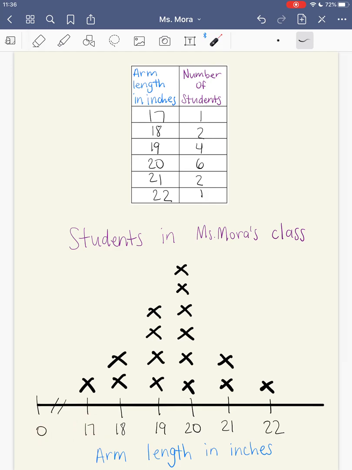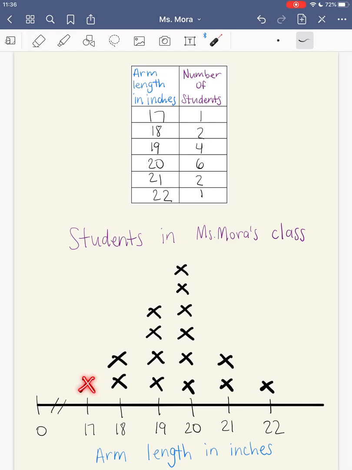Because if you start at 1, you would have to show me 1, 2, 3, 4, 5, 6, 7, 8, 9, 10, 11, 12, 13, 14, 15, 16, until you get to 17. But since no students have arms that measure that length, we don't need to include those numbers. So that's why we're going from 0, and then these are indicating that we're skipping to 17, okay?